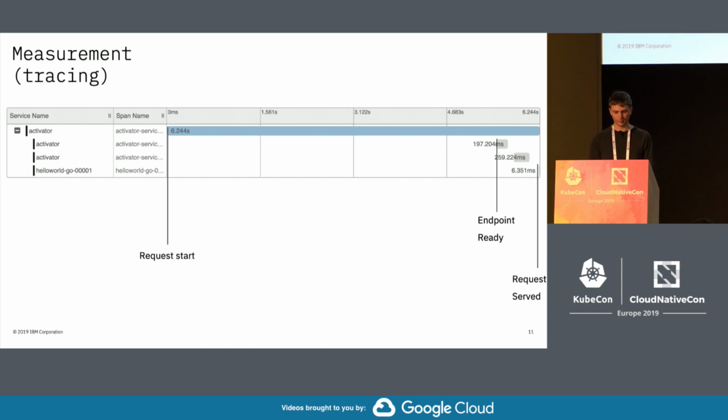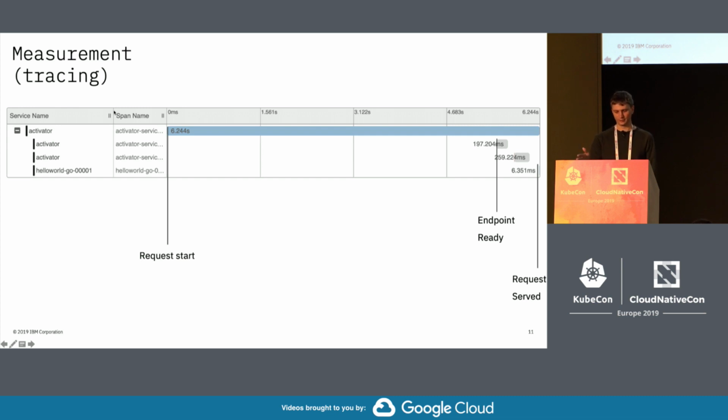If you're not familiar with this interface, this is Zipkin's UI. And essentially, these are just spans, tracing spans around different operations that occur. The top span, which is that blue line you're seeing, is the activator. So when the request comes into the activator, that span begins, and when the activator responds, it closes the span. And I've labeled it at the beginning, that's the request initially coming in.